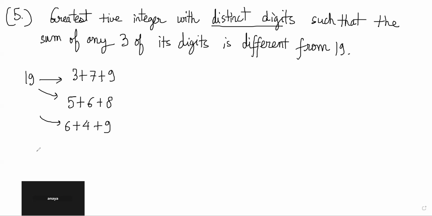Then 289. Basically, you can have at maximum two out of three, seven, and nine.